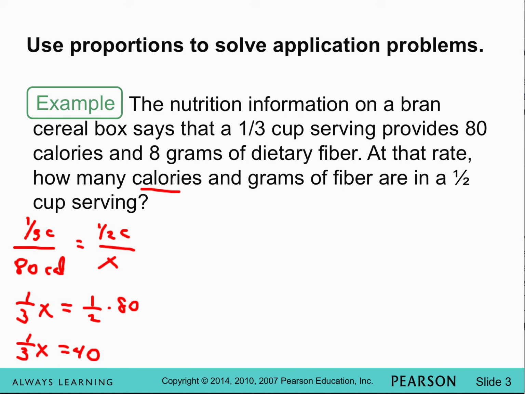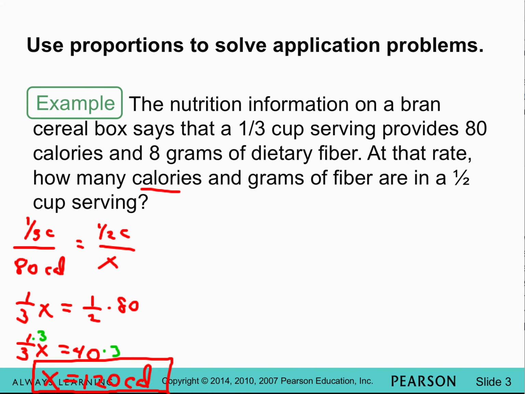Now to solve this equation, I'm going to get rid of that fraction. So I'm going to multiply by 3 so that I know that x equals 120. Okay, and what is that? Calories. So a half cup serving is going to give you 120 calories.